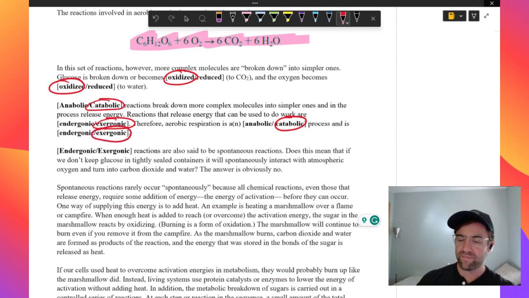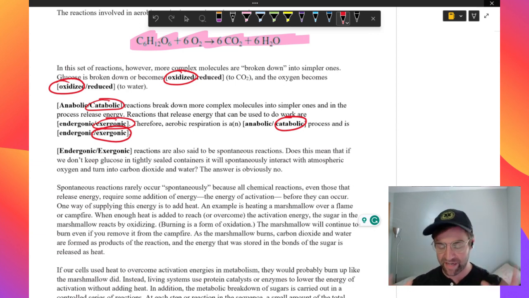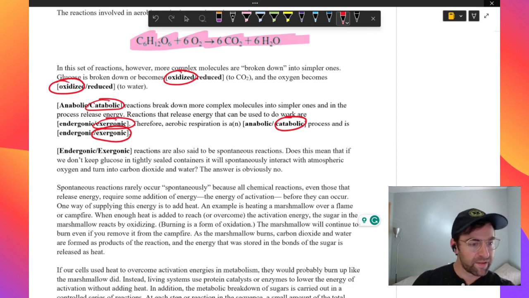Cool. This is just a good exercise to get in the practice of thinking about which direction energy is going. Is it building up or breaking down? And getting comfortable with the vocabulary of oxidation, reduction, anabolism, catabolism, or anabolic, catabolic.